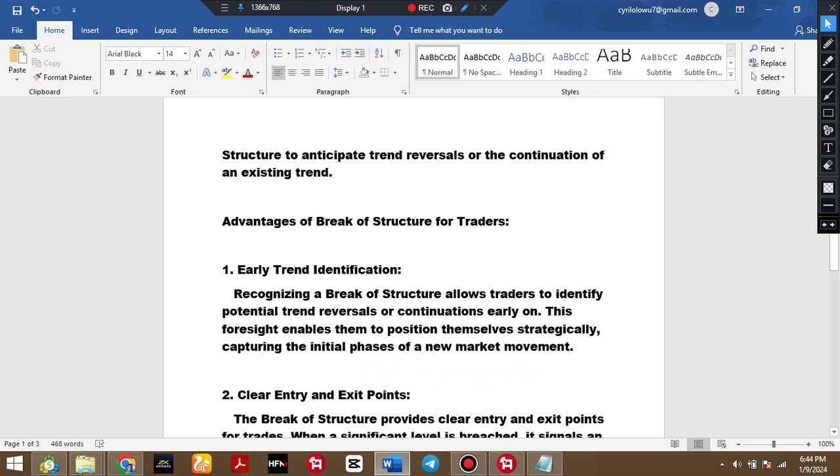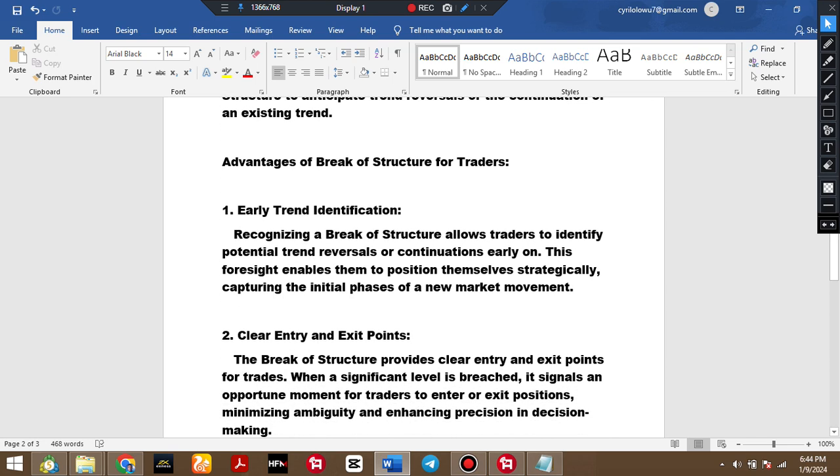Now let's quickly see the advantages of understanding market structure. Advantages of break of structure for traders. One, early trend identification. It helps you to identify what the trend is doing. It helps you to know if the trend is bullish or bearish, that means if it is an uptrend or downtrend.